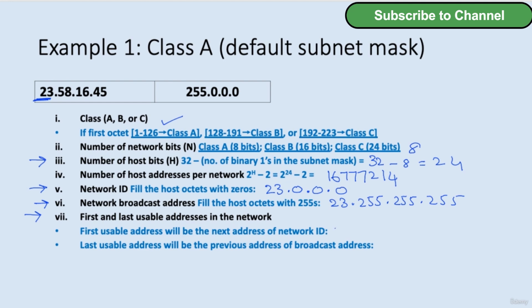Network ID is 23.0.0.0. So the next address will be 23.0.0.1. And the last usable address is always the previous of the broadcast address. Broadcast address is 23.255.255.255. So the previous of it will be 23.255.255.254. So this is the solution of our example question.